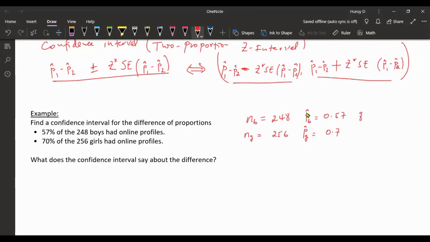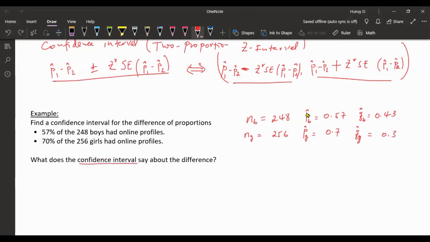And then the Q becomes just 1 minus P, so this will be 0.43, and this Q is 0.3.